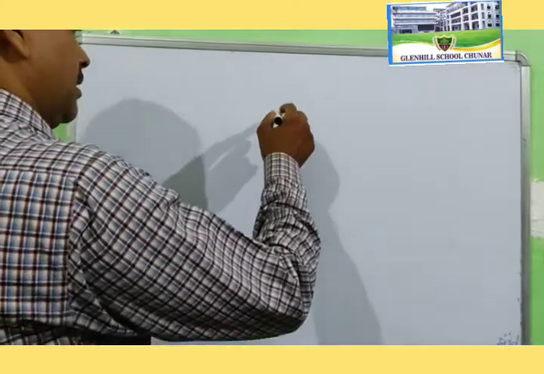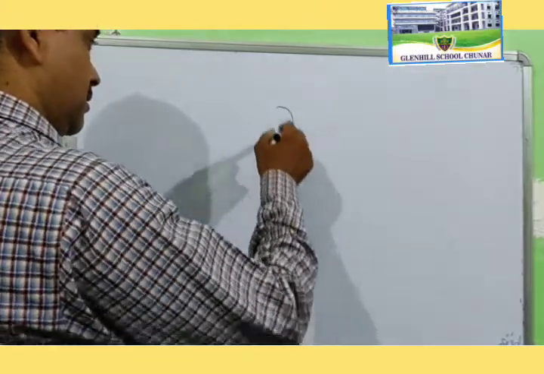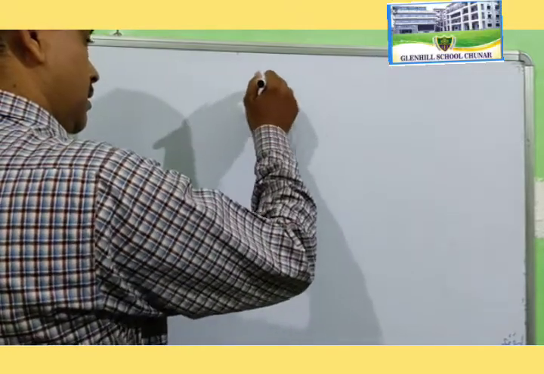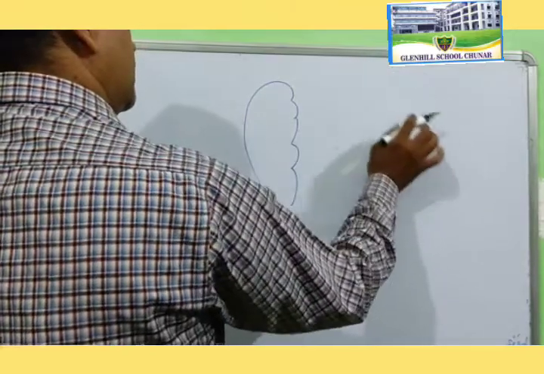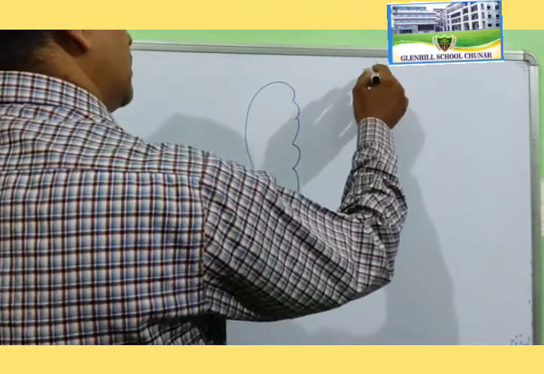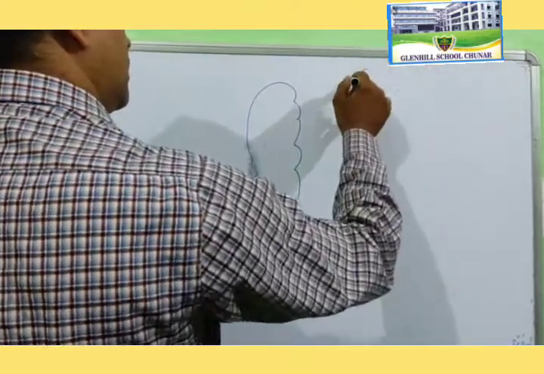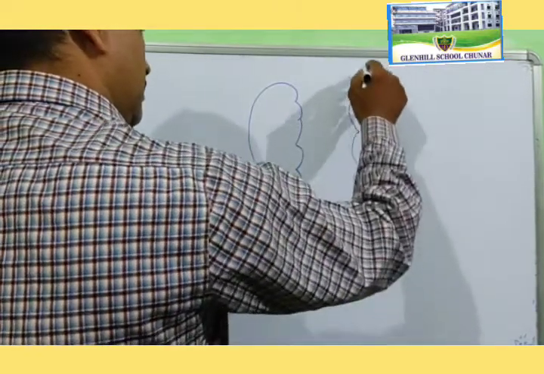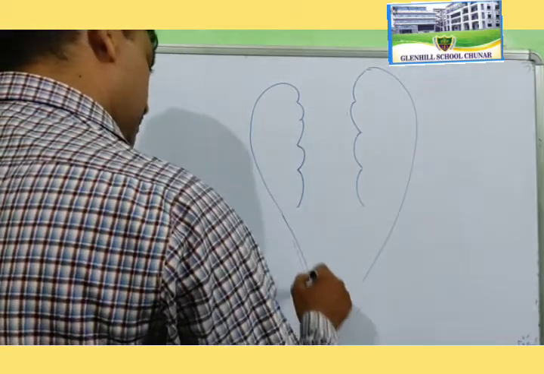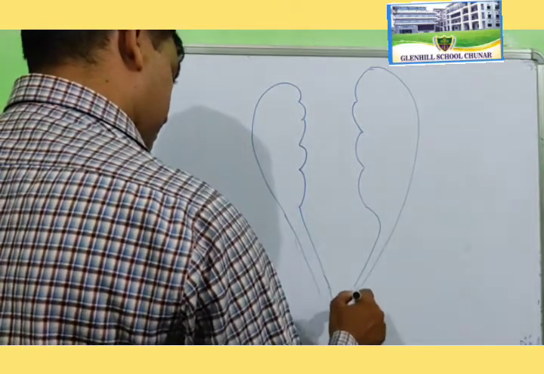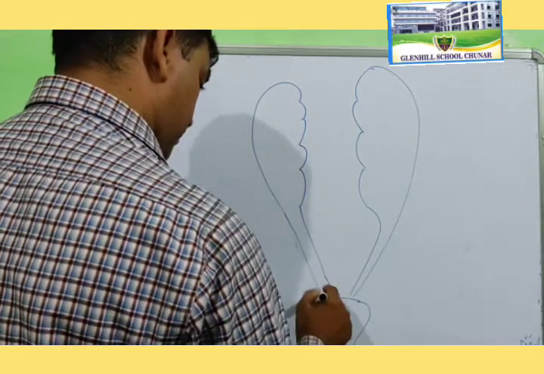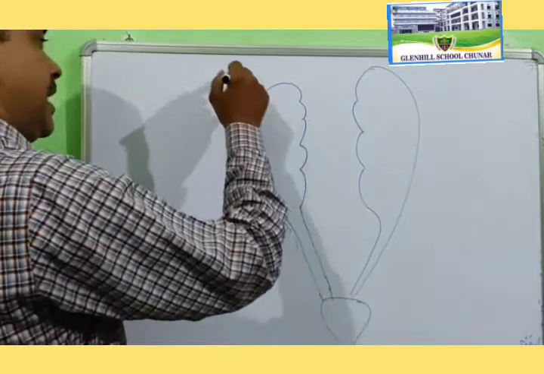The left kidney is placed higher than the right kidney.